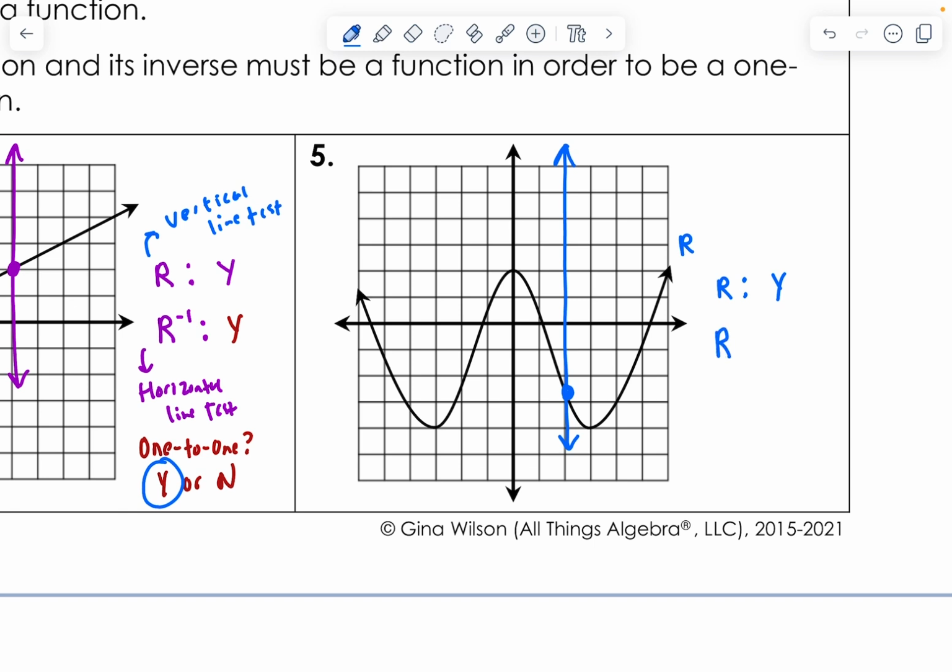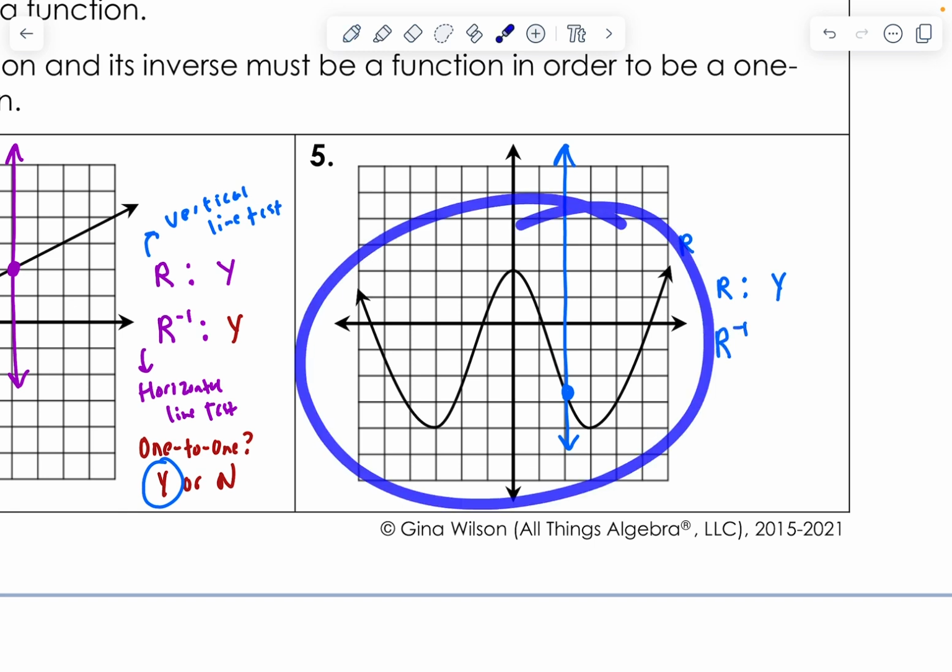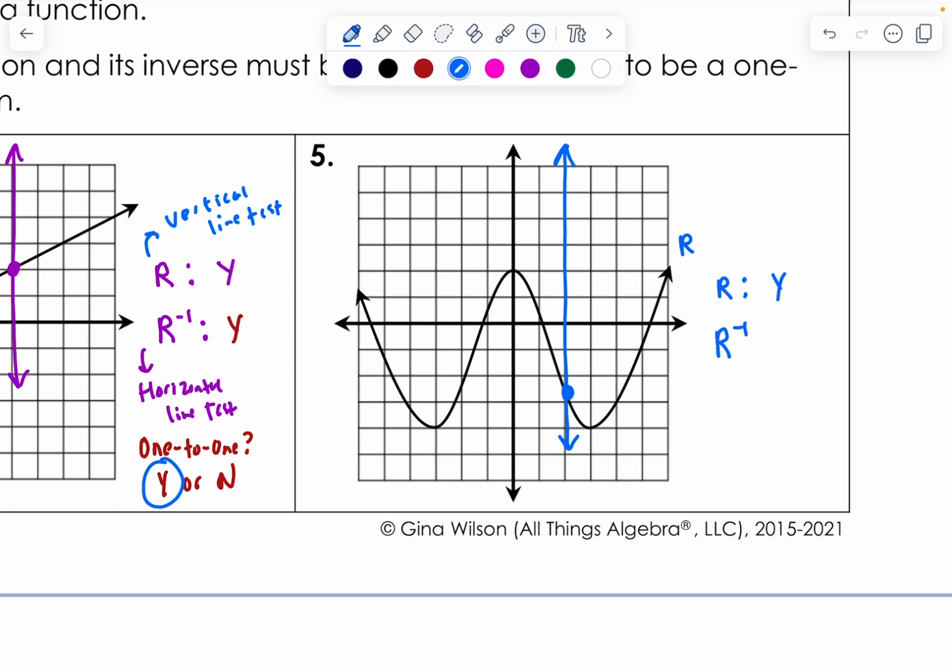Now we've got to deal with the inverse of this graph as a whole. In order to determine if the inverse is a function, we use the horizontal line test. If you apply the horizontal line test here to this graph specifically, notice here that we cross multiple points horizontally.